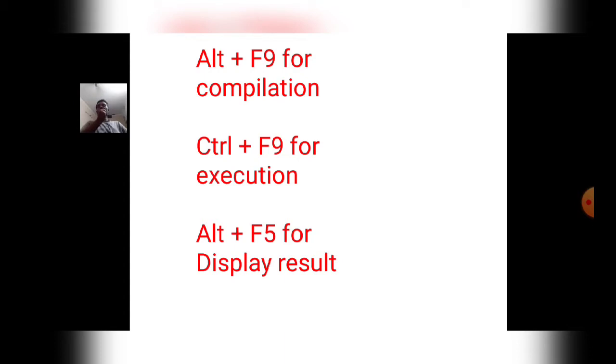If you click Alt F5 from the keyboard, the output is displayed to the user. So these are the three important commands you have to remember. Now I will explain all these concepts using C software.